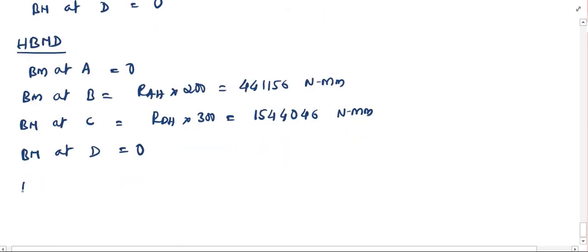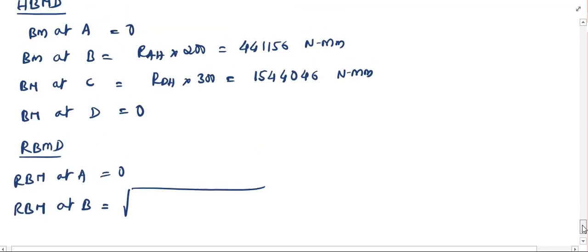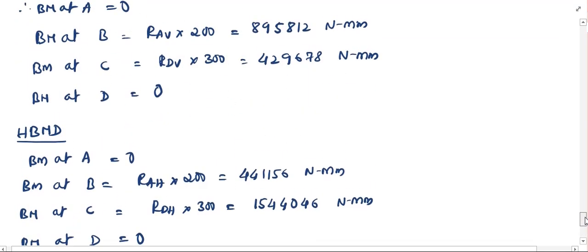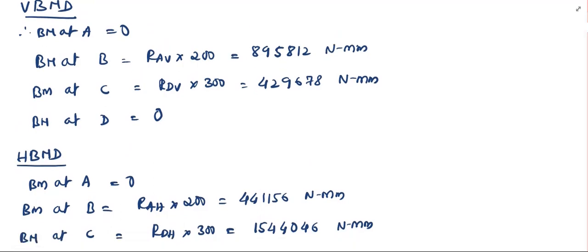Now let me find the resultant bending moment, RBMD. So the resultant bending moment at A is equal to 0. The resultant bending moment at B will be the square root of the sum of the squares of the values at B from the VBMD and HBMD.